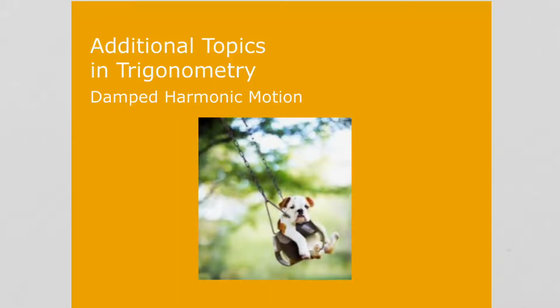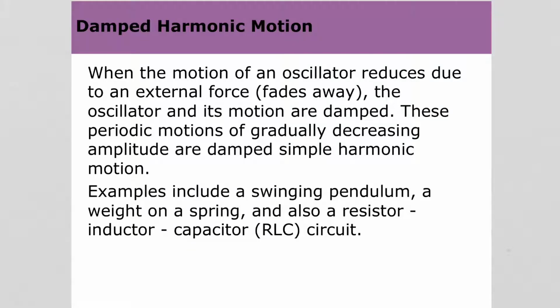We've looked at harmonic motion. In this section, we're going to look at damped harmonic motion. Damped harmonic motion is when we've got an oscillator, but it's reducing due to an external force.